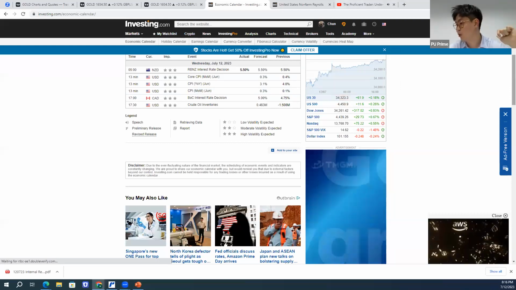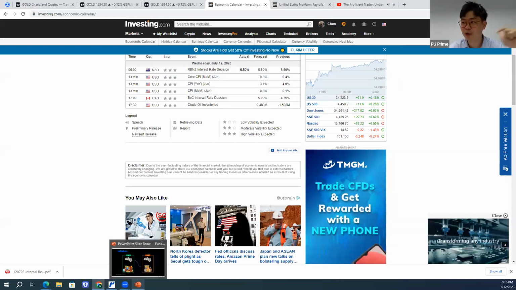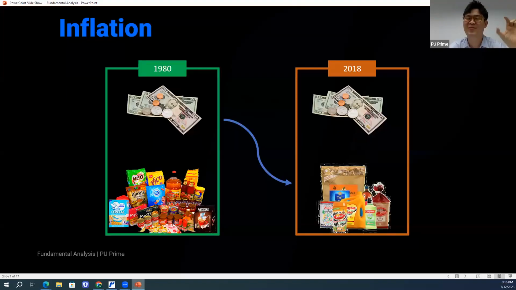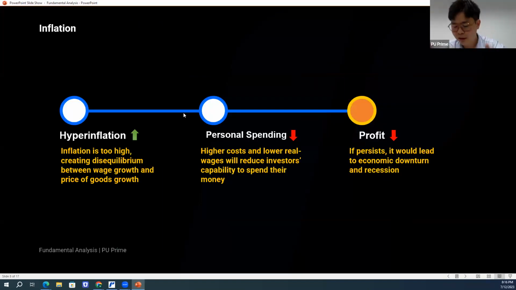So for new traders, the data that we are going to release later is one of the very important inflation data, which is the Consumer Price Index, the CPI inflation data. So focus on it. Now you have a brief understanding of what inflation is. So how does inflation affect currency movement? If inflation is high or low, is the currency going up or down?